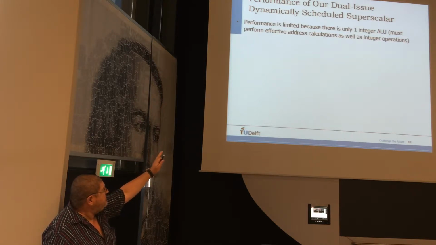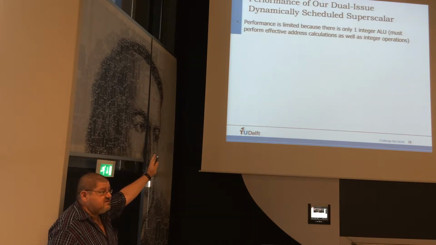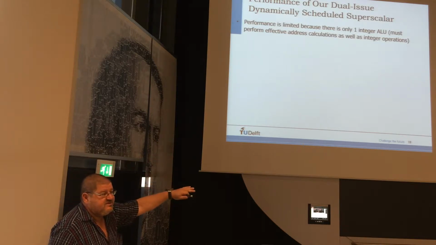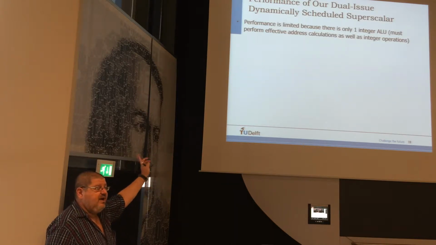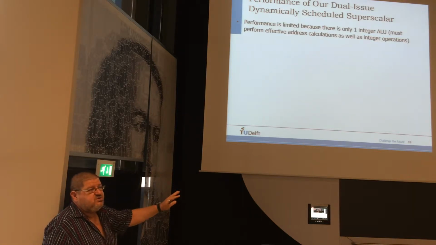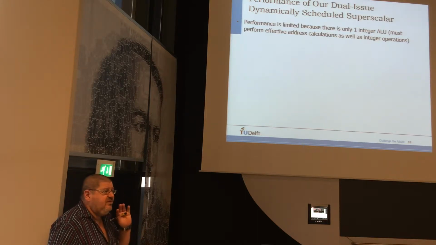Performance was limited, and those are the conclusions. I had only one ALU, which had to do 2 things: integer calculation and effective address calculation. Remember, I had to wait for the ALU. A normal modern processor has a special ALU to do address calculation. Actually, some of them have even 2.